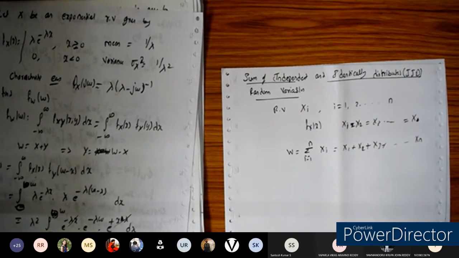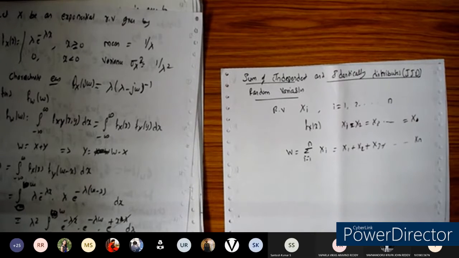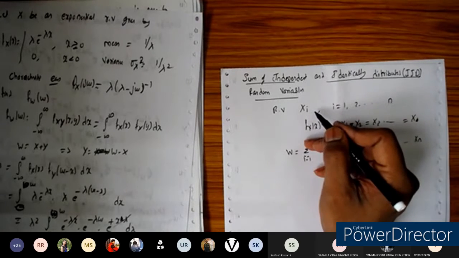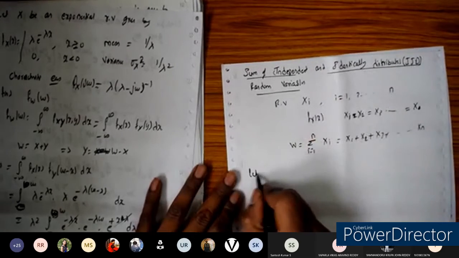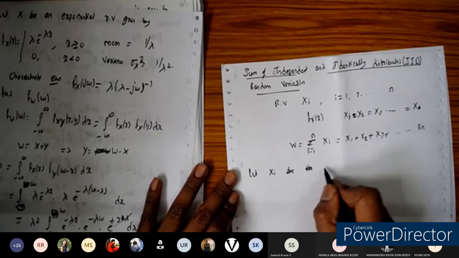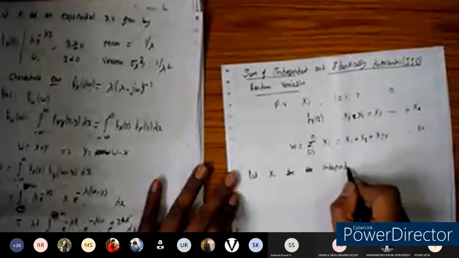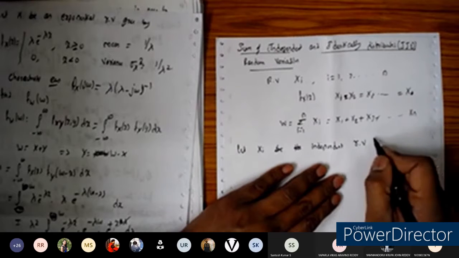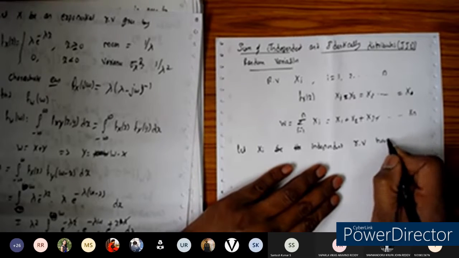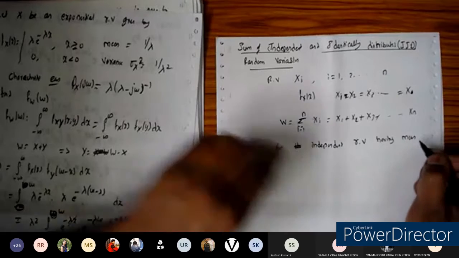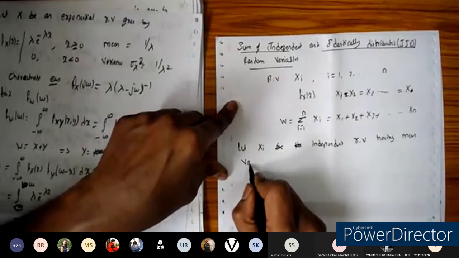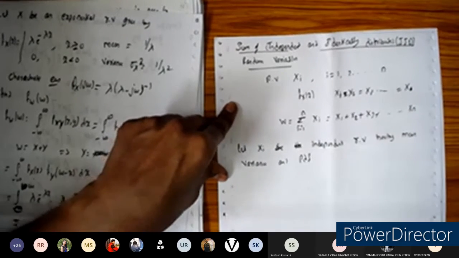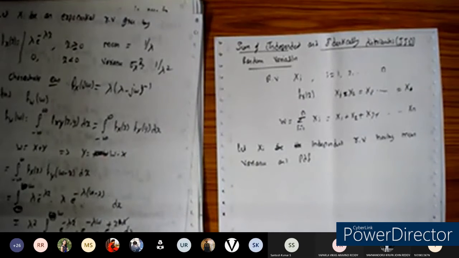Let Xi be the independent random variable having mean, variance and PDF. PDF is nothing but a probability density function.